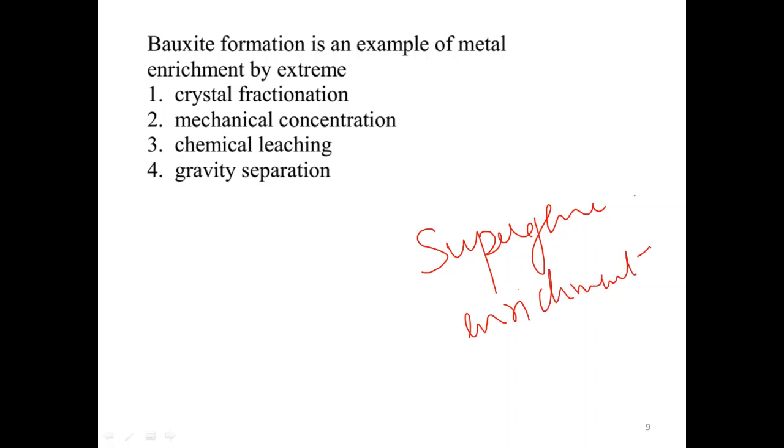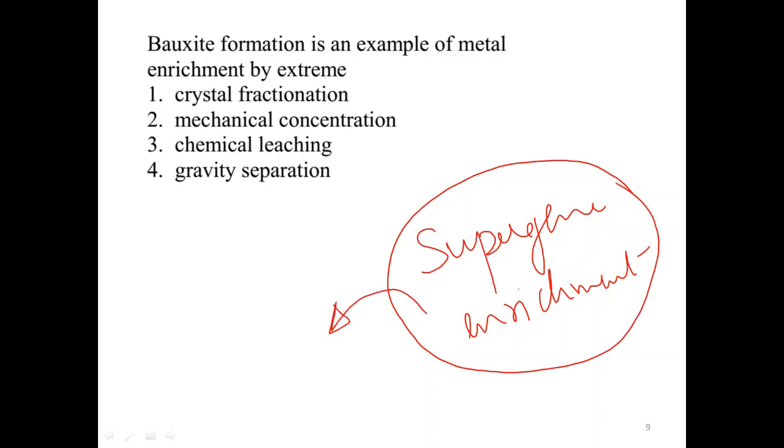Now this process of metal enrichment is an example of chemical leaching.